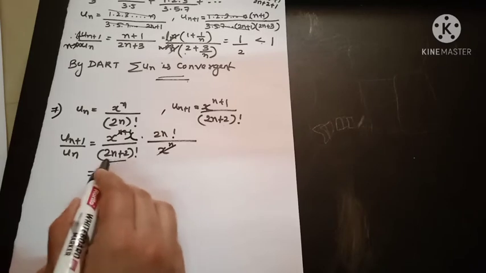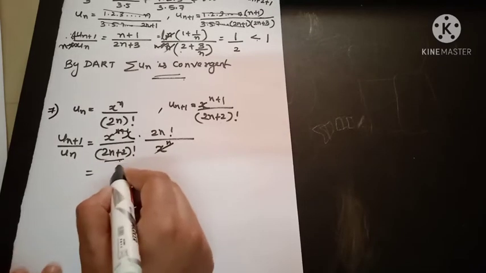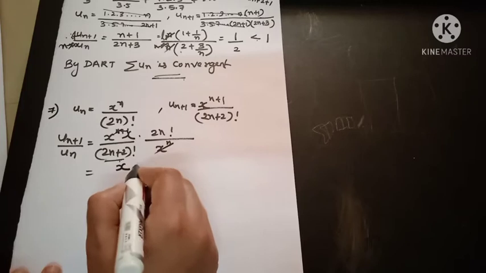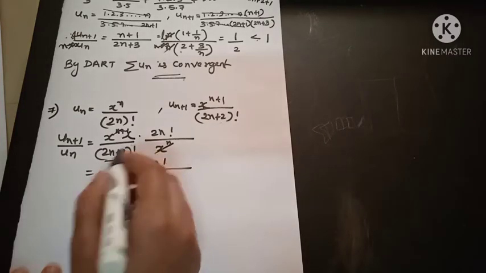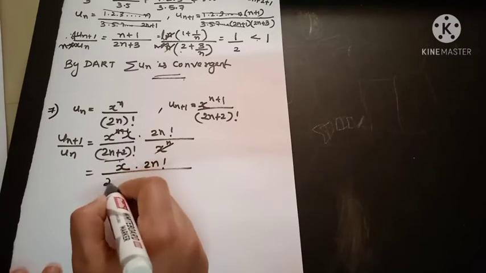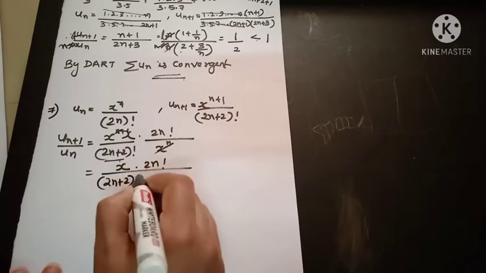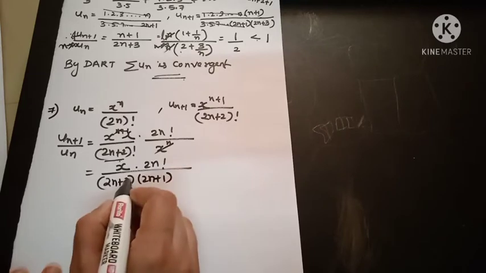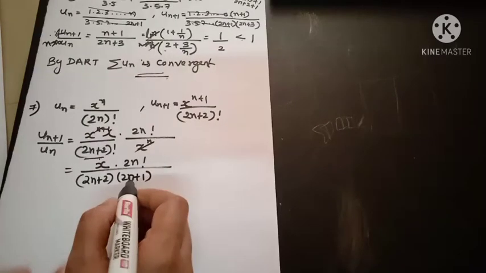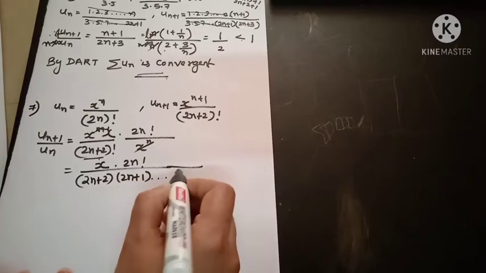Let us find the expansion of this. That is x into 2n factorial divided by (2n plus 2) factorial. Start from 2n plus 2, then one lesser than this, that is 2n plus 1, then 2n, till you reach 1.